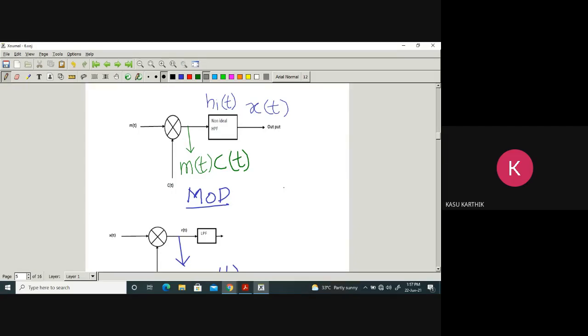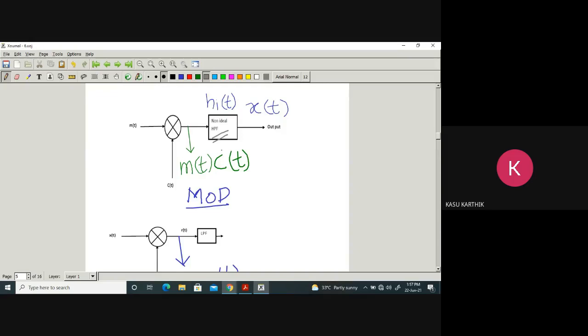That is the logic of SSB. We use the same logic here, but the only thing is we have a filter which need not be ideal. If it is ideal, what will happen? You get SSB because one complete sideband will be separated.